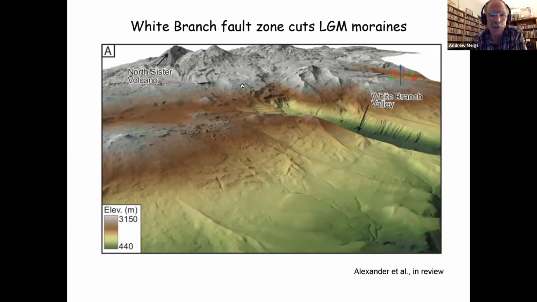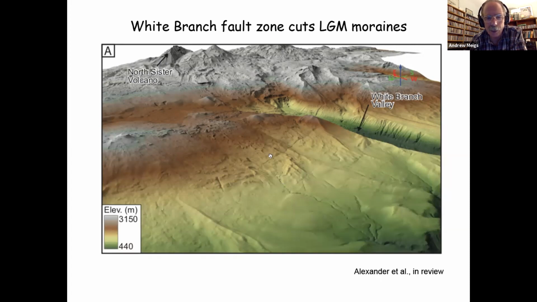and younger features. Here's a 3D rendering of looking from the north to the south of LiDAR data. Here's the White Branch Valley, which is the one that goes up through Mackenzie Pass. This is Belknap Crater up here for those of you who know this part of the world. The road from Sisters down to Highway 126 comes right down through here.